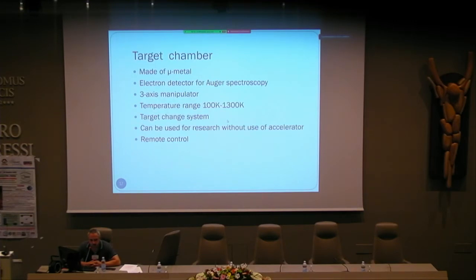So we don't put anything from our ion source to the target. Of course, we might have some residual carbon or oxygen inside the chamber, but as I said, with a vacuum of 10 to the minus 11, it's not that big a problem. I know, but you showed that there was contamination.